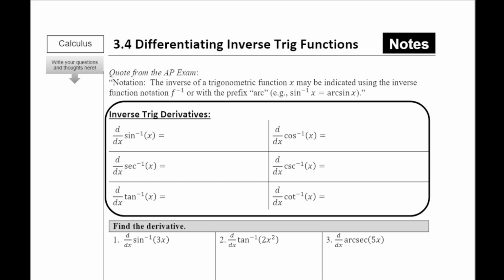All right, now here are a bunch of derivatives you need to memorize. The derivative of arc sine of x, or inverse sine of x, is 1 over the square root of 1 minus x squared. The derivative of secant inverse of x is 1 over the absolute value of x multiplied by the square root of x squared minus 1.